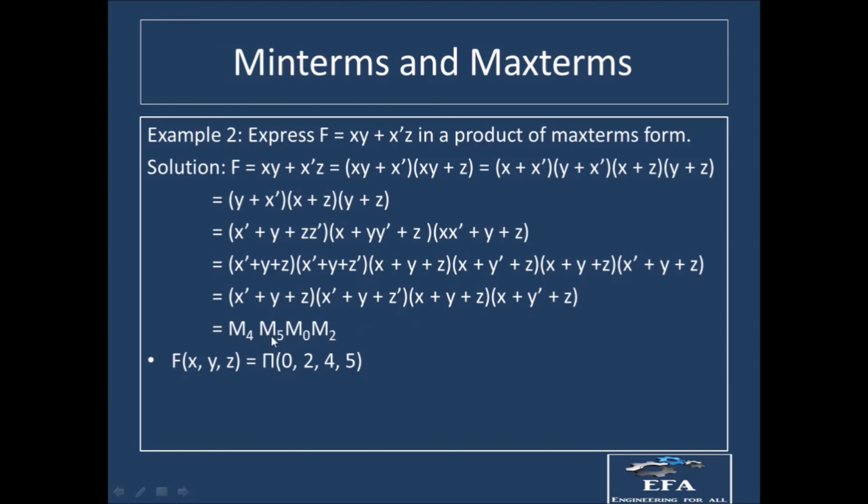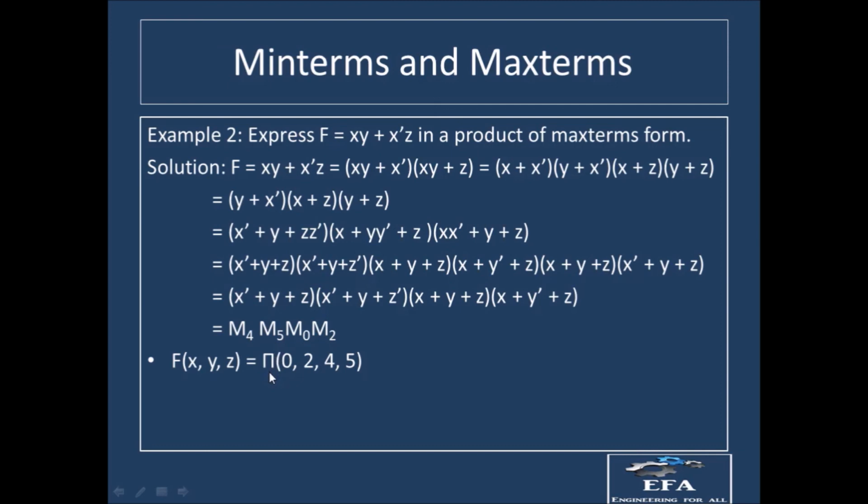Again rearranging these max terms, let us see what the final expression is. You can see that we have three variables, so f is a function of x, y and z, and it is equal to pi over here. This pi stands for POS.